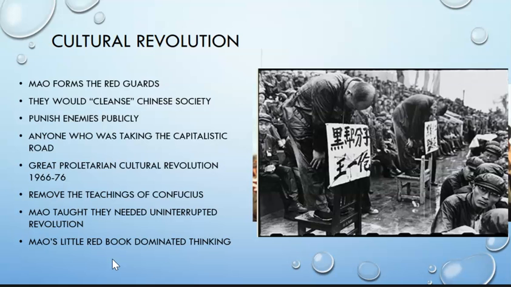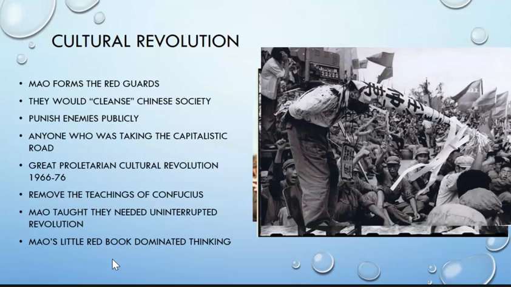And they were also forced many times to wear a large, tall hat, which listed the things that they had done wrong. These are sometimes called the dunce cap in the West, and you see this man's also been beaten. So they could be publicly beaten, humiliated, and even executed for their ideas.